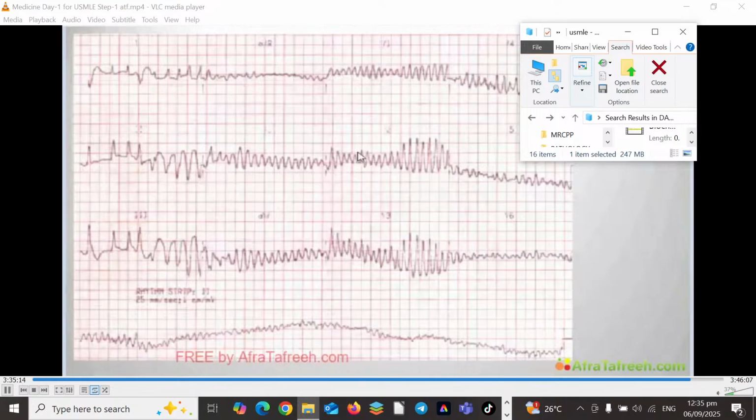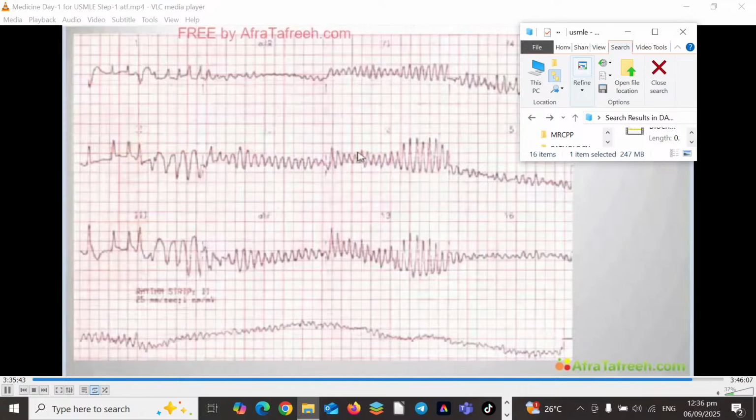Whenever you call fibrillation, you cannot call it a normal or an abnormal axis because you don't know the baseline. You do not know the baseline in these conditions, and hence you cannot call where the axis is. Is it increasing, down, up? You just can't know. When you say fibrillation, it means the individual fibers are contracting.